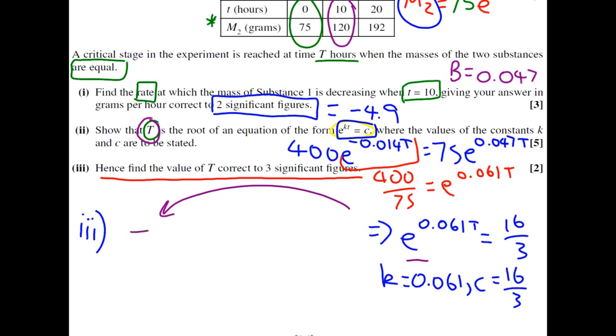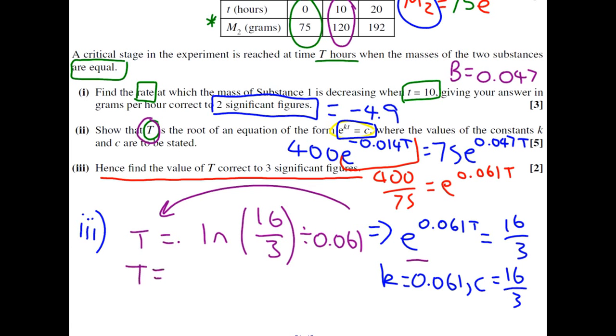So t equals ln of 16 over 3 all over 0.061. And if you put that on your calculator, you're going to get the answer that t equals 27.4 hours to 3 significant figures.